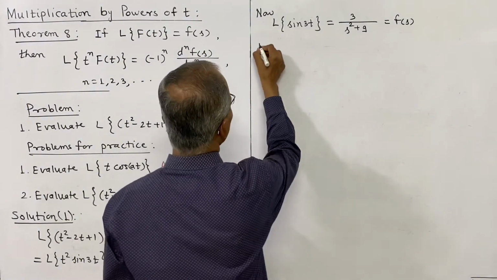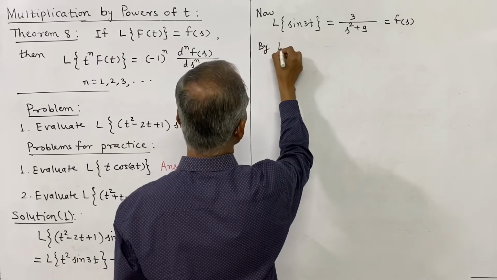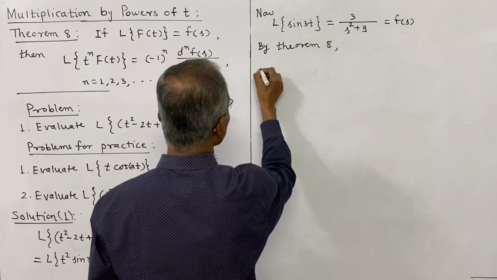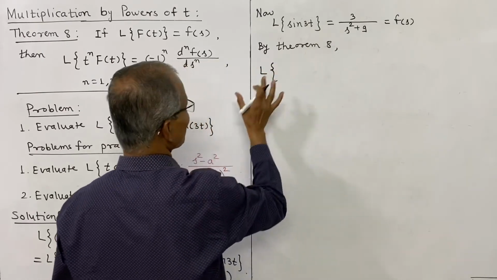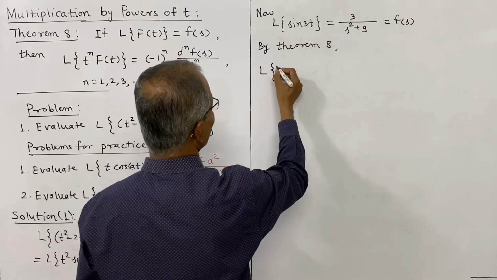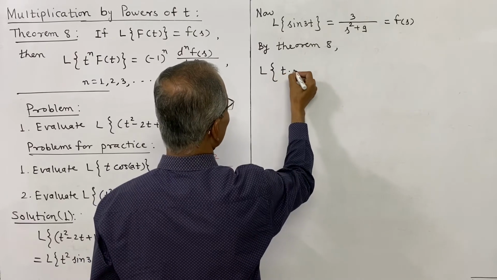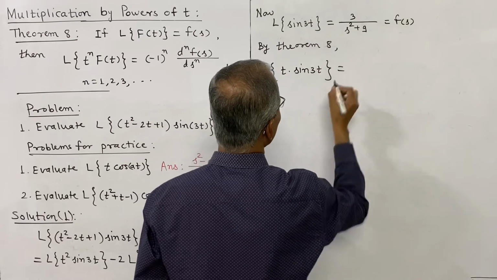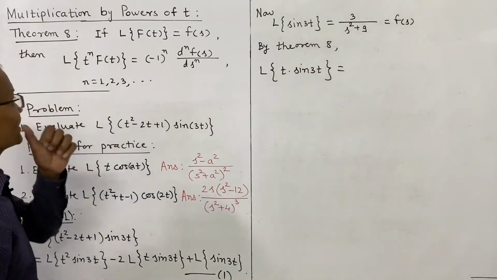Now by theorem 8, this is written for reference only. So Laplace transform of t into sine 3t is equal to, and this will be multiplication by a single power.